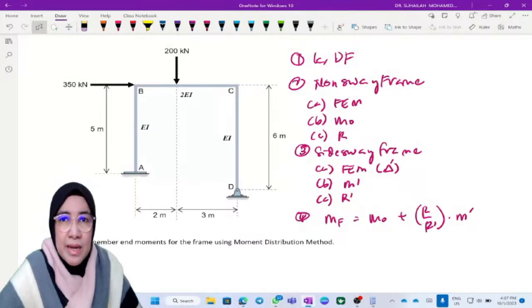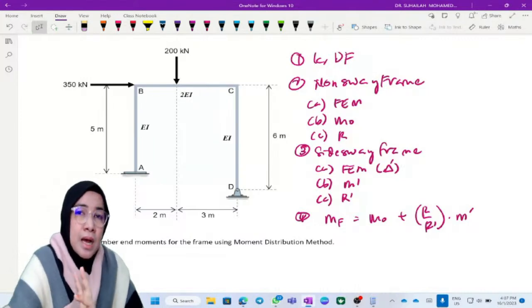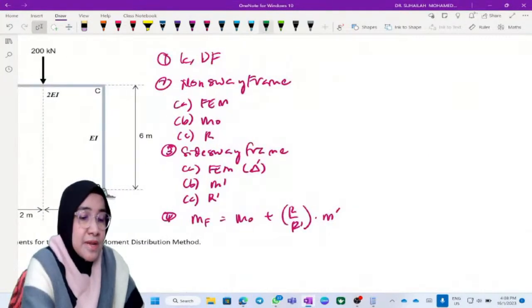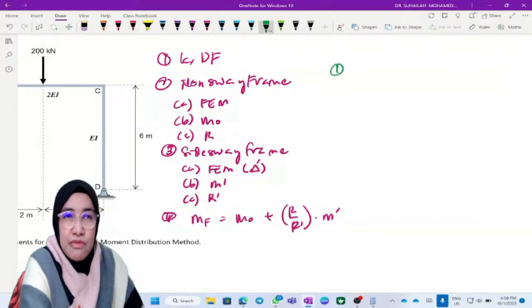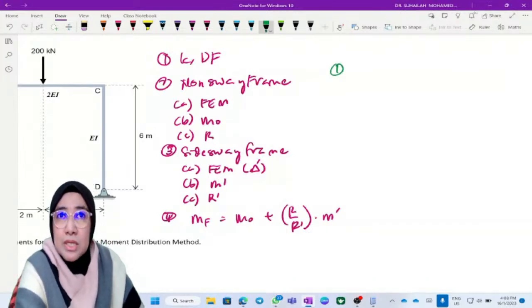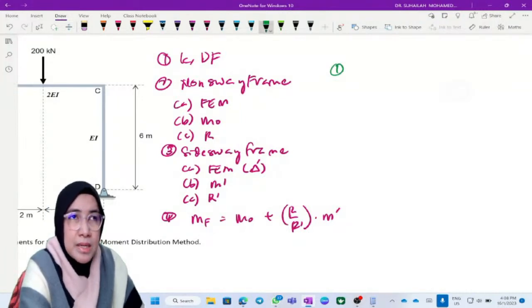We have to understand as well the condition of a non-sidesway frame. We can find it under chapter number 11 under topic frame. The definition of non-sway frame is that there are two conditions. Number one is symmetry.